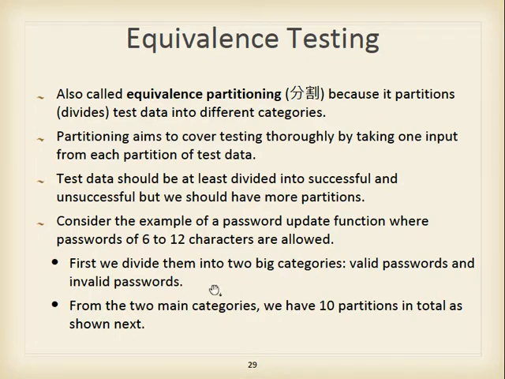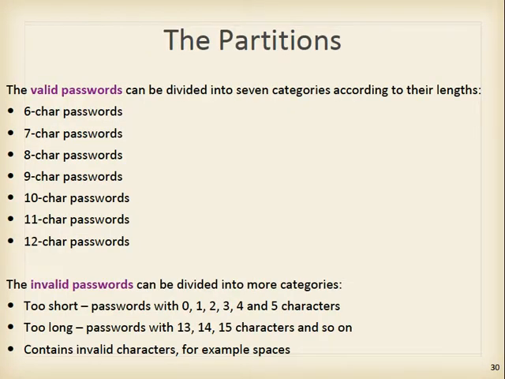Okay, so valid password and invalid password. But this is hardly enough, so we want to divide it up into smaller categories. The next slide will show how we can divide it up more.